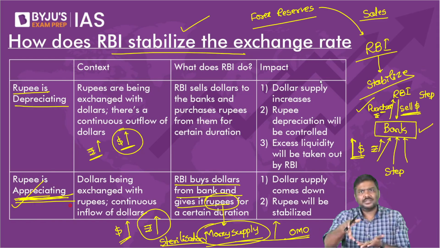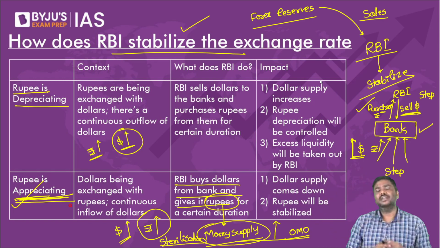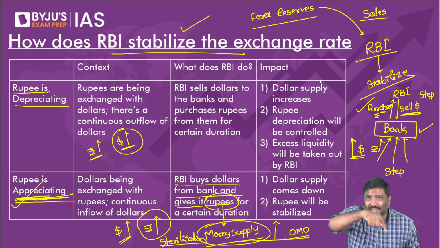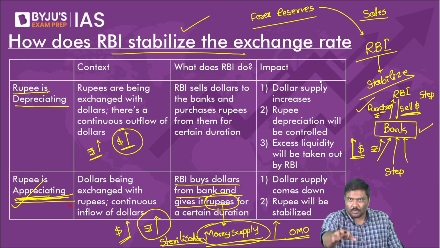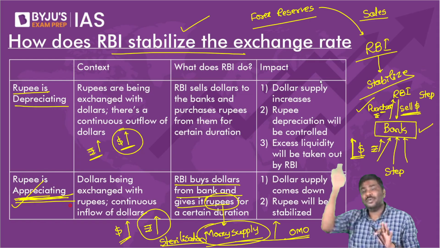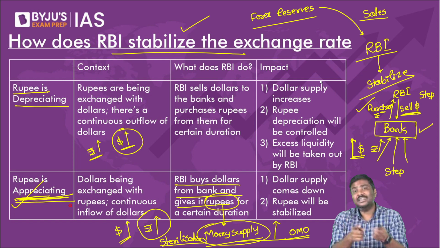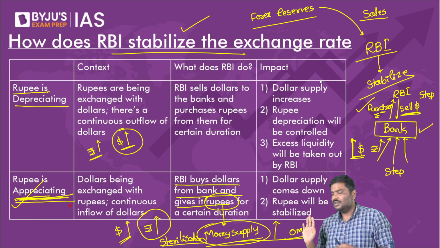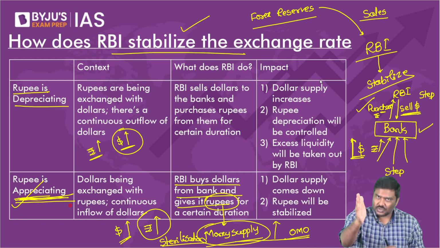RBI will sell rupees and purchase dollars, so that rupee will get stabilized. But now the question is, if RBI will sell rupees, rupee supply in India will increase. Correct? In addition to whatever rupees are there in the economy, more rupees will get added. And when more rupees get added, there is a danger that inflation can be caused.